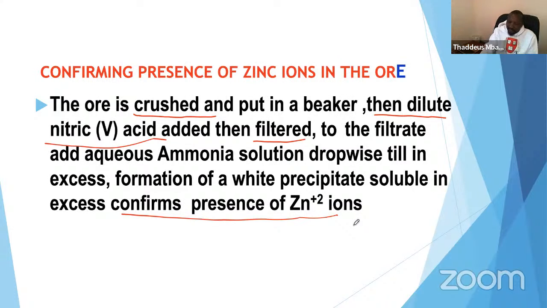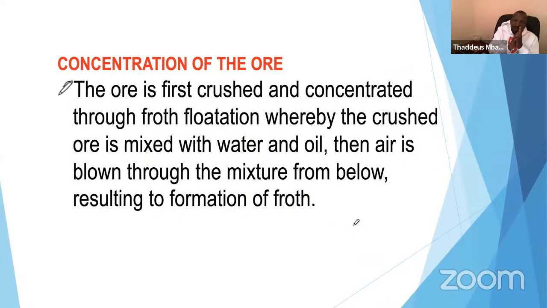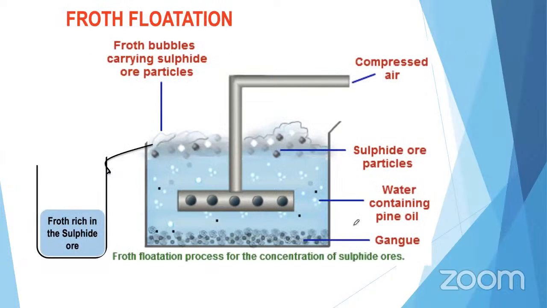That's different from aluminum. Then, remember, concentration of the ore by froth flotation, I'm not repeating that. We already did it in our first lesson. It remains the same. We can continue, isn't it? So this is the same thing. You remember? But the diagram, this one I have tried to make it more magnetic.